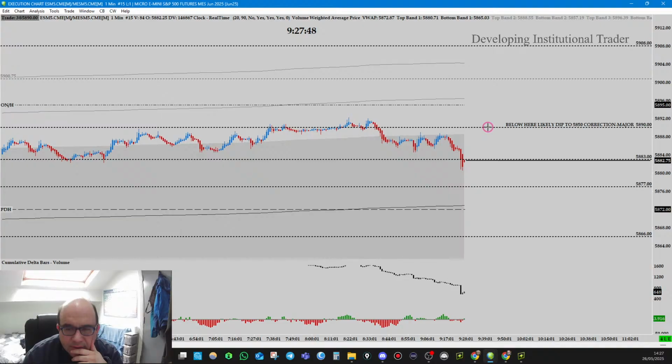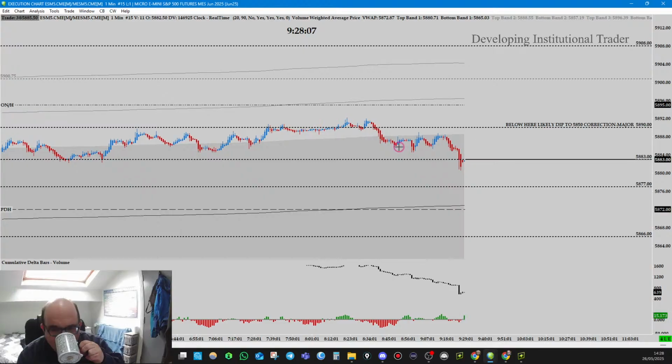Let's try to sell again. It's not in an ideal location because we're very close to the DVA high. But if the level is being reclaimed, then it's totally a valid trade to take.